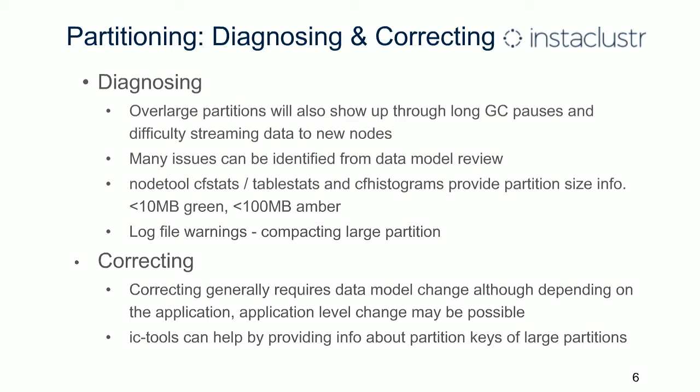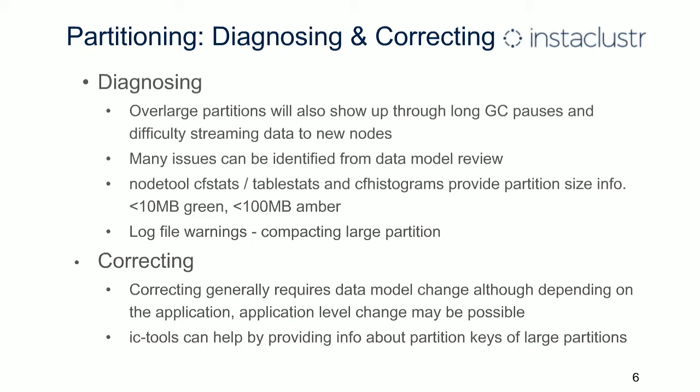There are also log file warnings about compacting large partitions, which will tell you when your partitions are too large. So all of those things are signs to look out for, and signs that potentially you have an issue with your data model and the partitions being too large, so not bucketing enough, or other issues with the way you've done the data models.